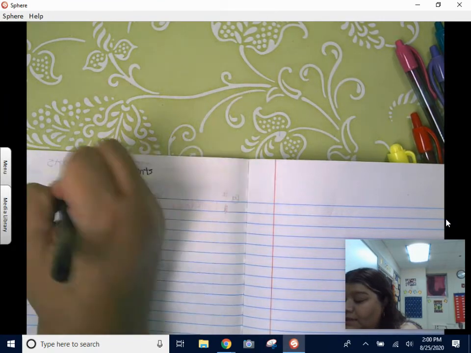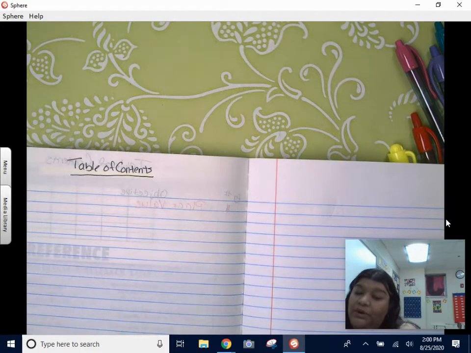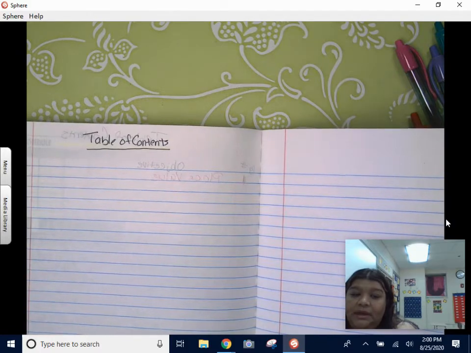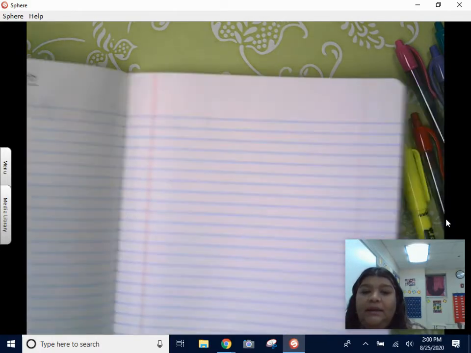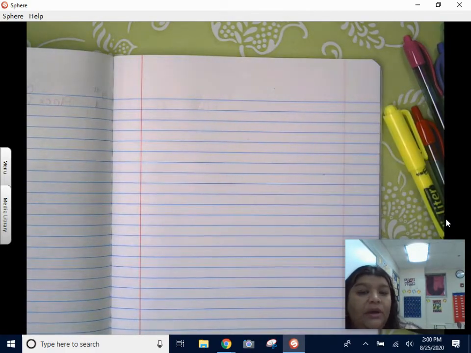Because remember, this is your math book. This is going to be your math book, so we do have a lot of stuff to cover. So label table of contents, just like that. At any time, if it goes too fast for you, or if you write a little bit slower than I do, press pause and just copy it down, and then press play when you're ready to join back.